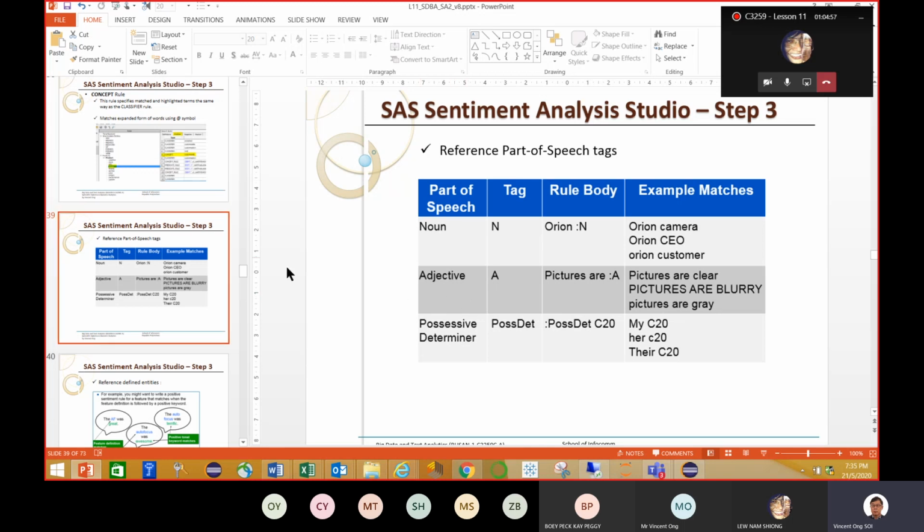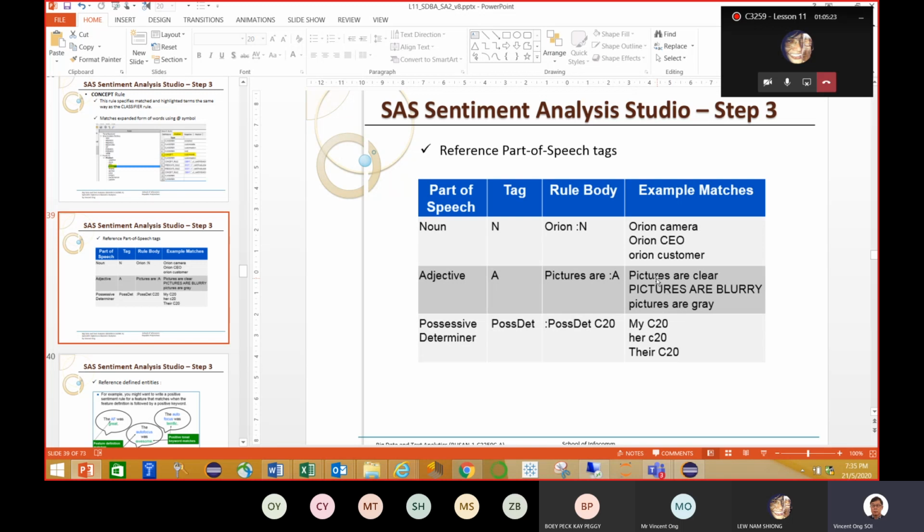All right. So the concept rule can also apply to something like this, where you want a noun, but the noun must be preceded by certain words. So it's a reference to part of speech, right? For example, I want to catch the pattern "the pictures are" followed by A, where A stands for adjective.